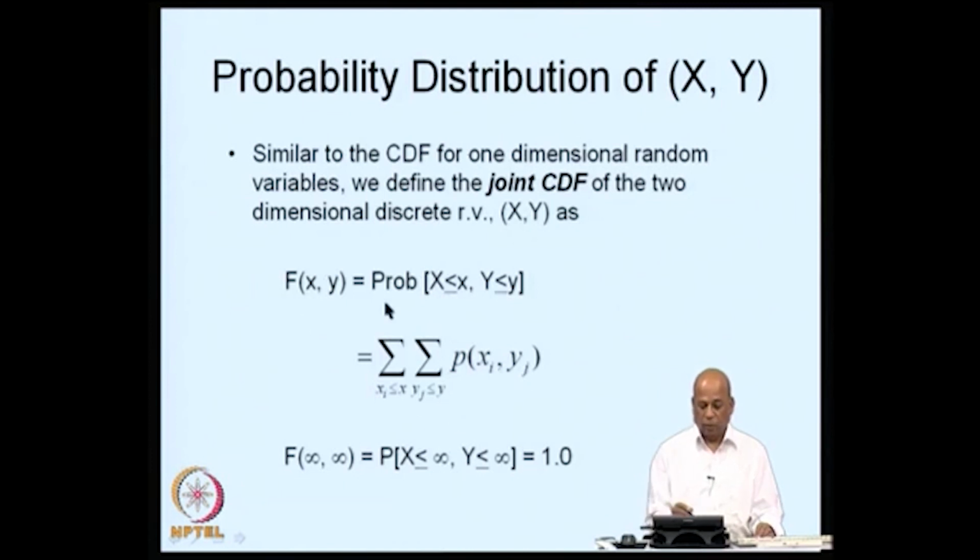So, this gives the probability that X is less than or equal to x and Y is less than or equal to y. From this, it is clear that F(infinity, infinity), that means the probability that X is less than or equal to infinity and Y is less than or equal to infinity, must obviously be equal to 1, because you are summing up all the probabilities over the entire region.